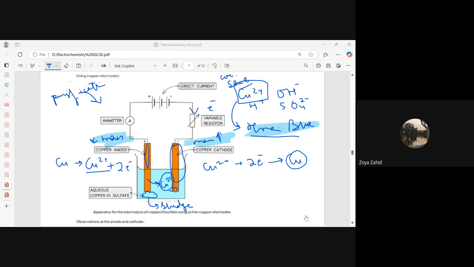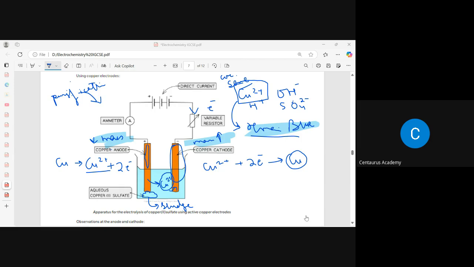Miss, I don't understand why the mass of the anode decreases. The anode is basically the copper rod. When this copper rod is giving away its electrons, it is producing copper 2 plus ions. This means that the copper is converting into copper 2 plus ions, so the copper is actually dissolving.